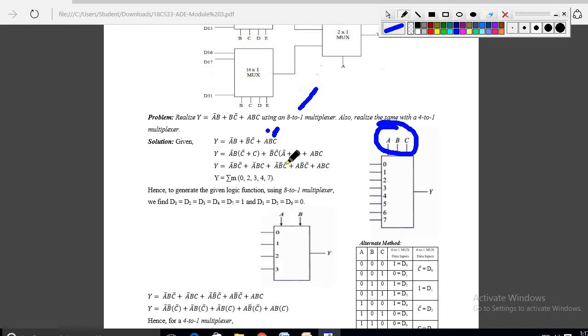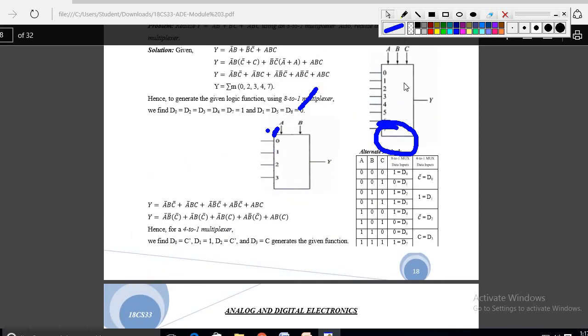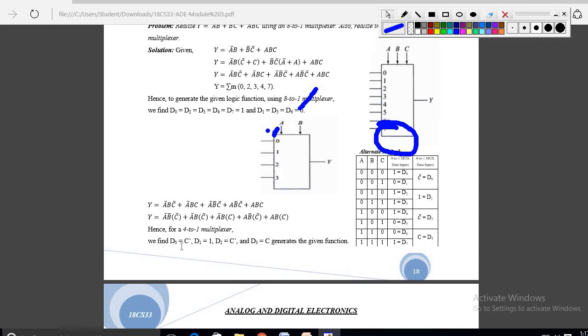See here, if D0 D2 D3 D4 D7 are 1 and D1 D5 D6 are 0, what should the corresponding output be? See here, this is the 8:1 multiplexer, and this is the 4:1 multiplexer. In this 4:1 multiplexer we find that D0 is C bar, D1 is 1, D2 is C, and D3 is C, which generates the given function.